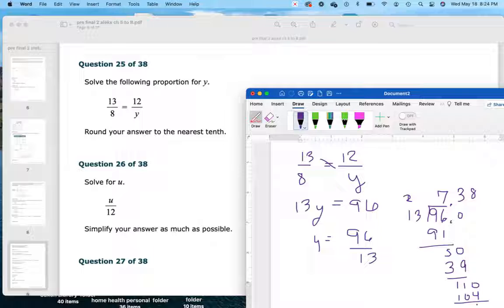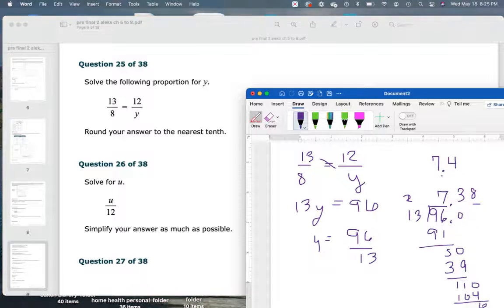Okay, so now that's going to be a 6, but we don't need to keep on going because we're rounding to the nearest tenth, and we've already taken it out to the hundredths place. So since that's an 8, this is going to be a 7.4.